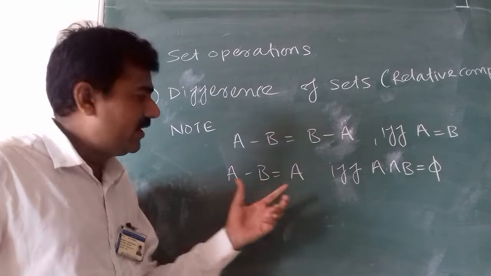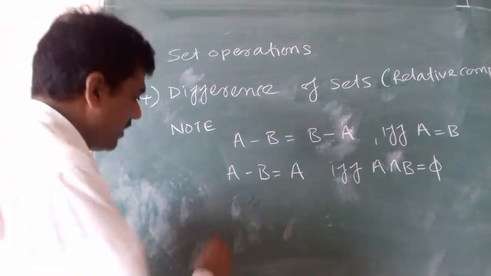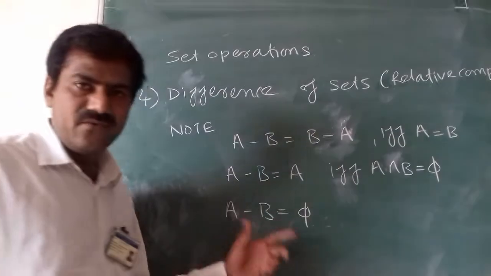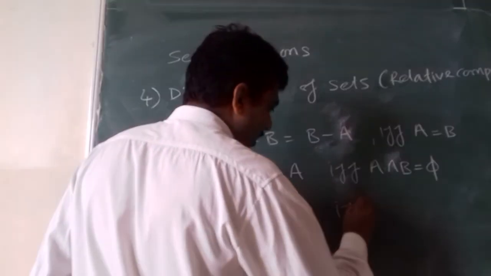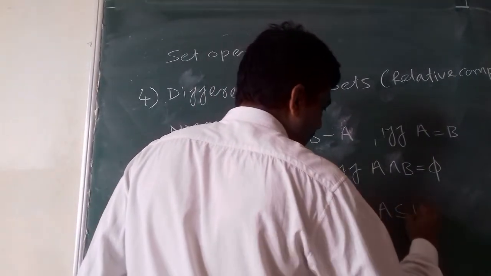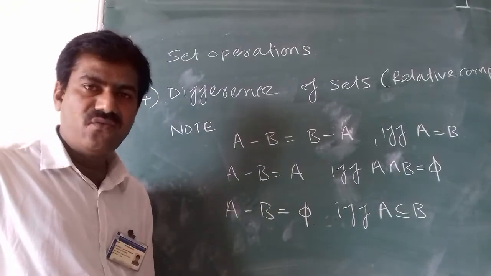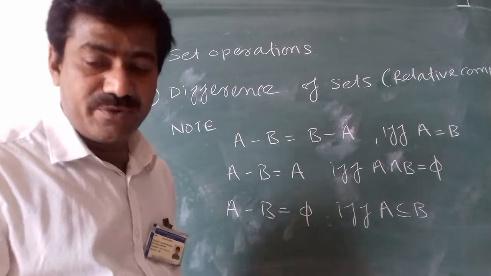If they are disjoint, then the result will be the same, that is capital A. A minus B is equal to phi when it will be true? If and only if A is a subset of B, then only A minus B is equal to phi. So these are the properties with respect to the difference set operation.